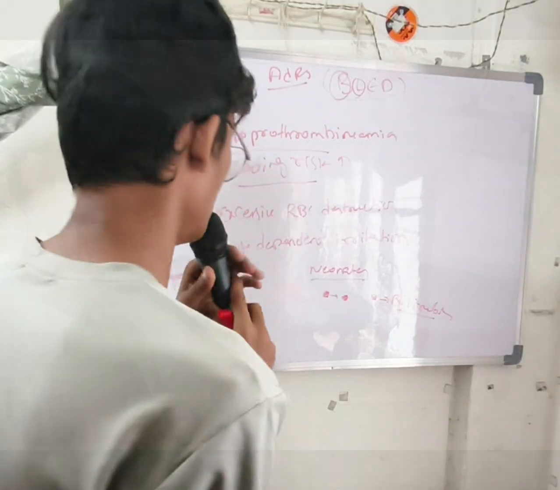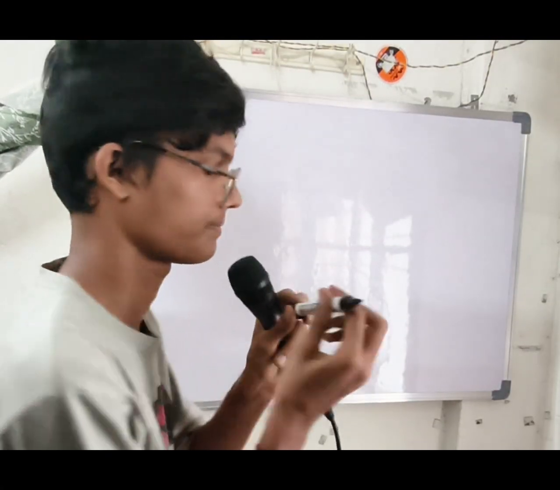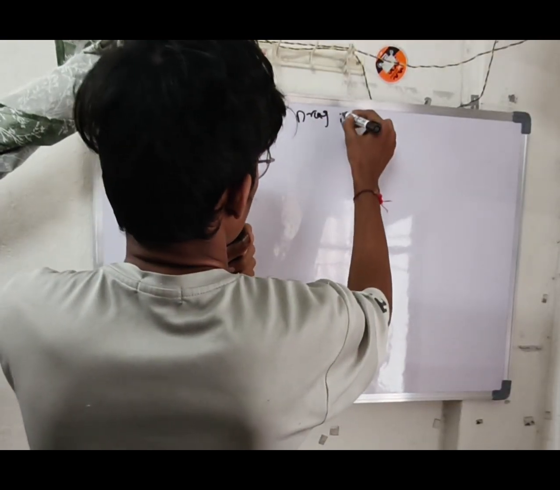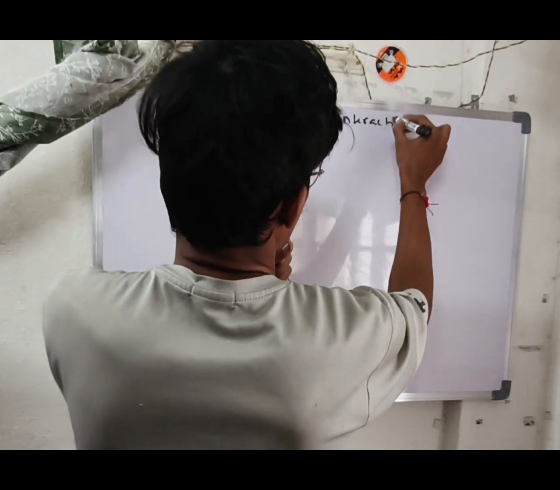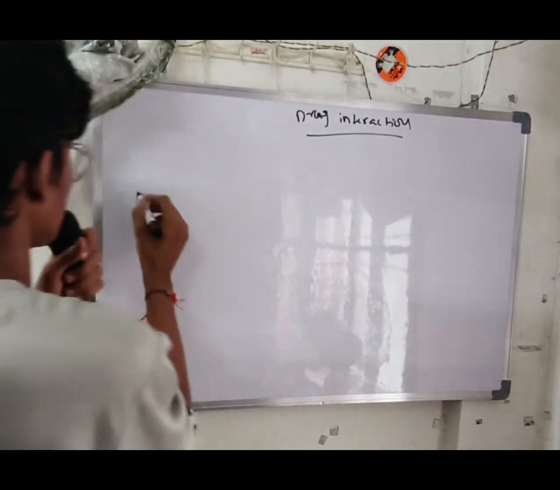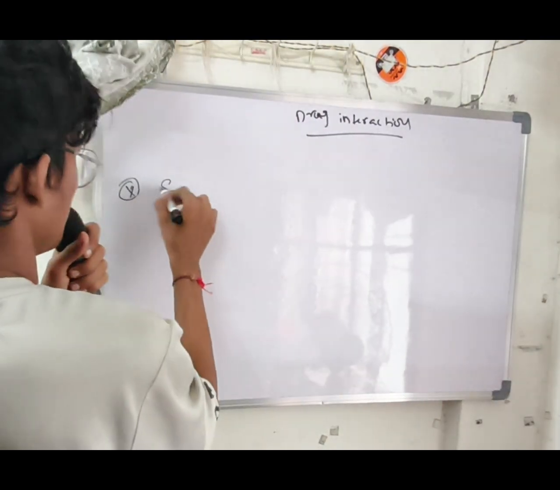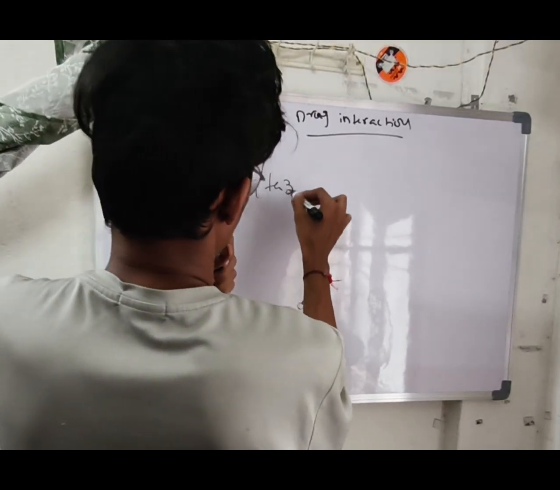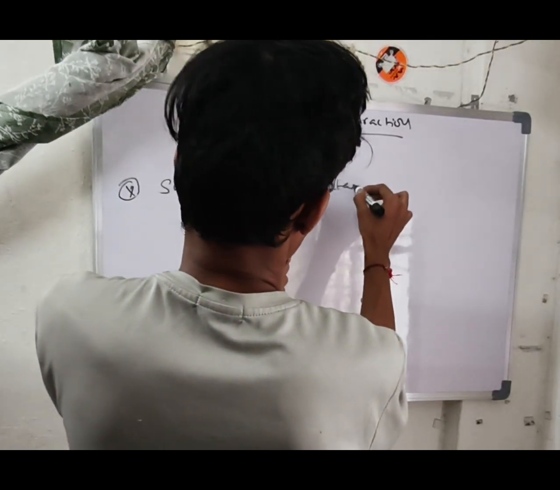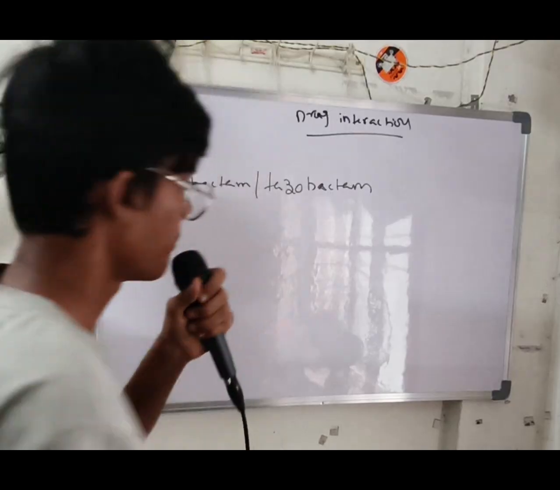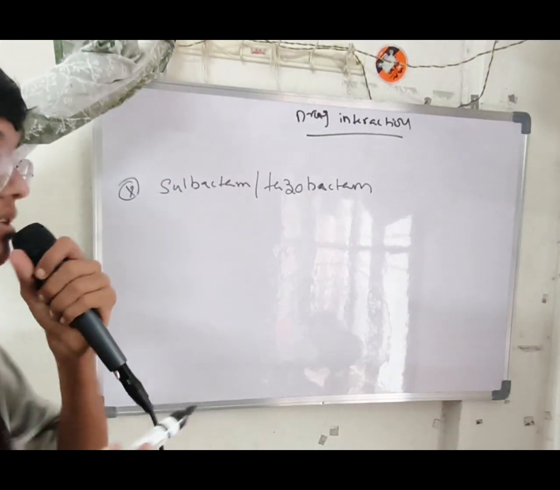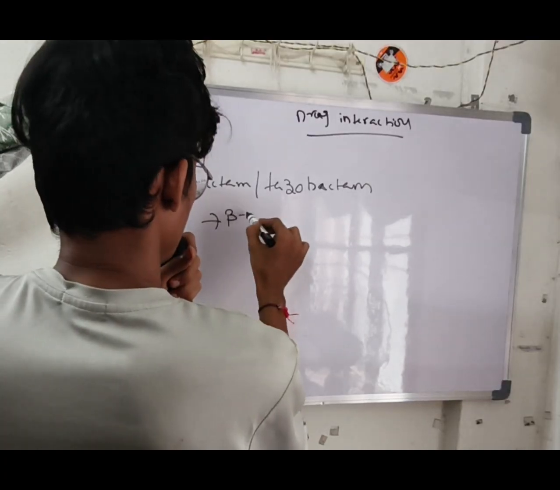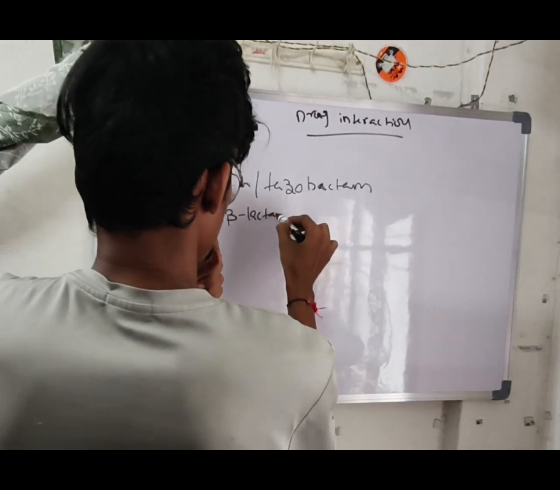Now we'll discuss the drug interactions. First, if you combine ceftriaxone with sulbactam or tazobactam, these drugs inhibit beta lactamase.